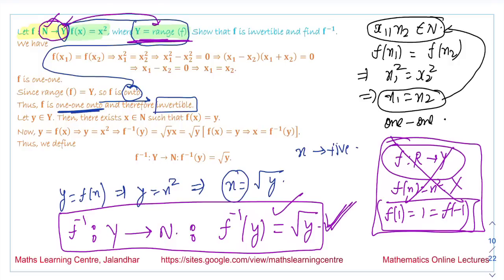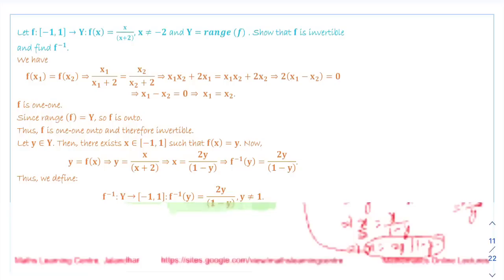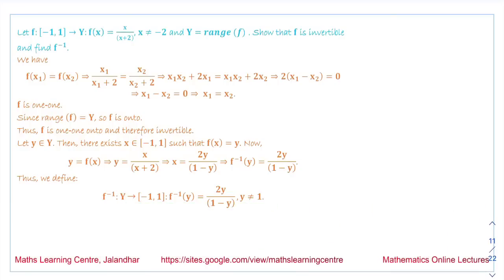Now the next function that is given to us is f(x) is equal to x over x plus 2, and the domain of this function is given as -1 to 1, and the codomain of this function, that is Y, is equal to range of f.